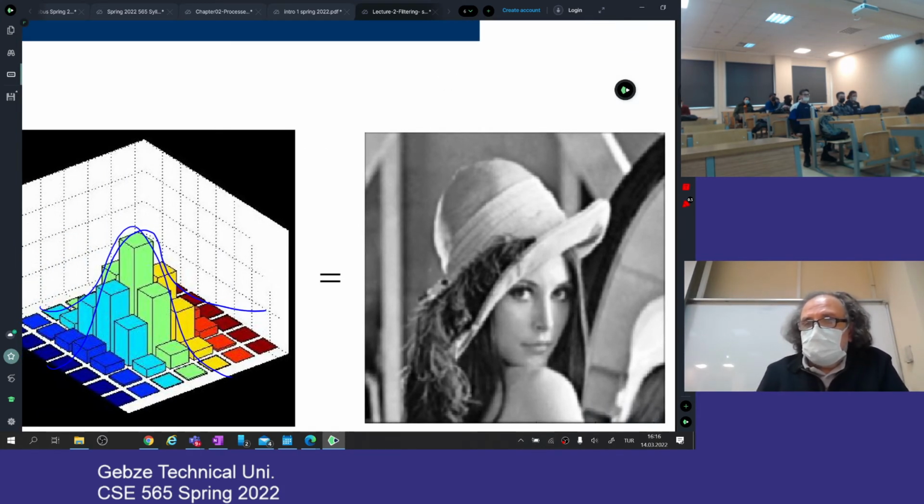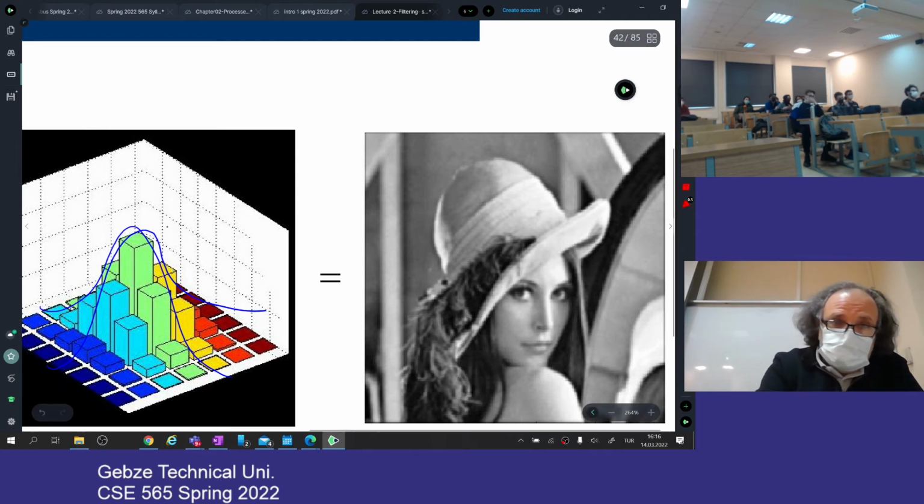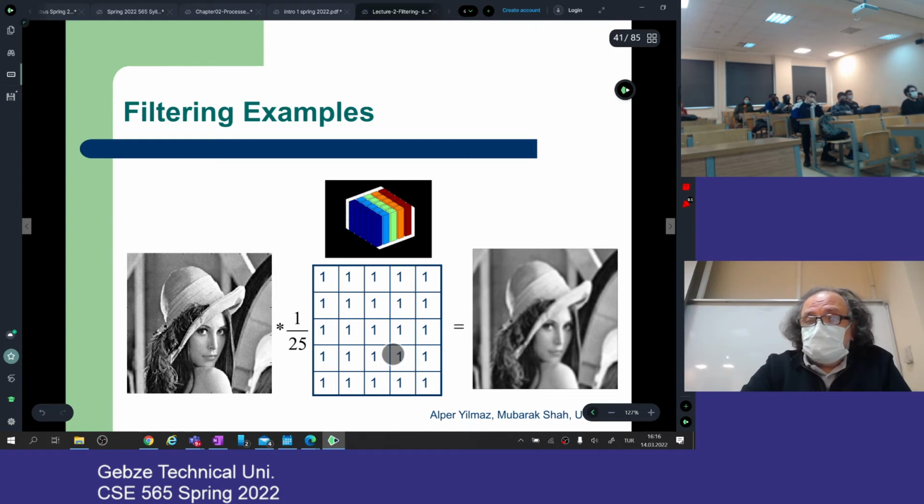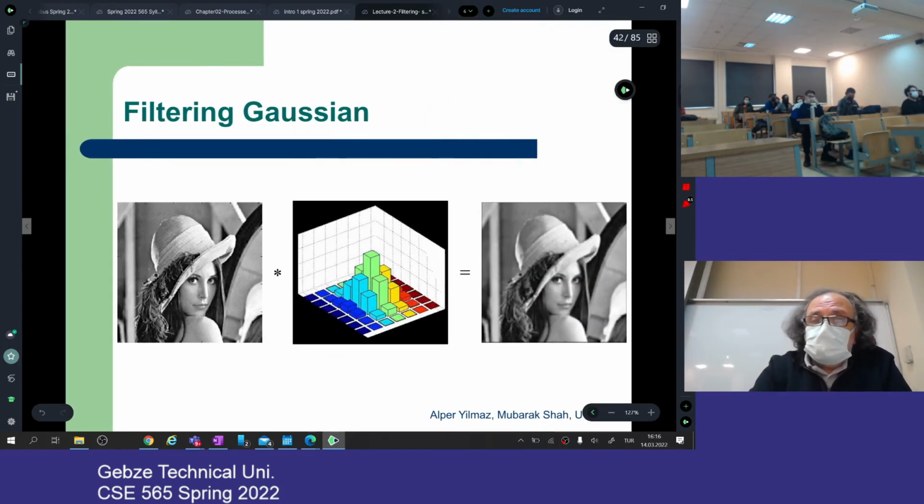Again, the image is smoother, but it is a little bit better behaving smoothing filter. We like the Gaussian smoothing better than the averaging filter. This is the averaging filter. It takes the average of local regions. This one takes a weighted average of local regions.